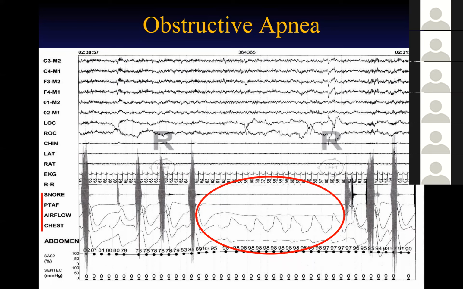And so the circle encompasses that there's persistent chest or respiratory efforts while there's no airflow. And it should be pretty easy to see that.